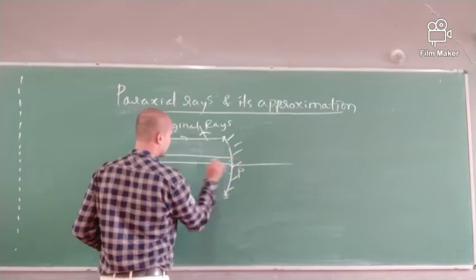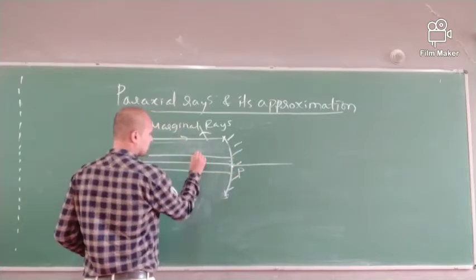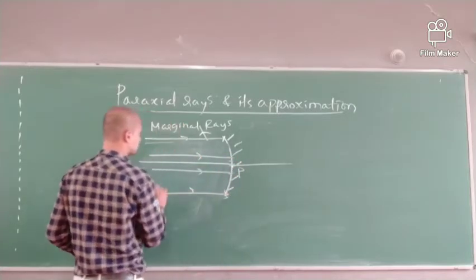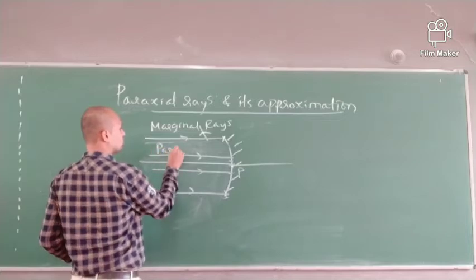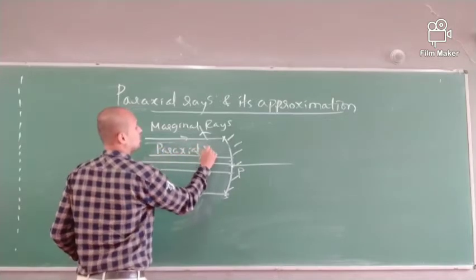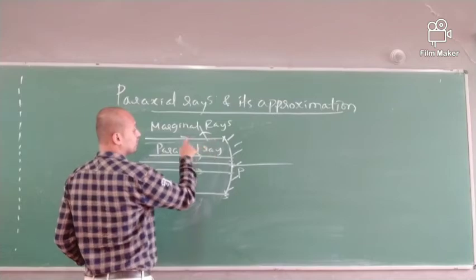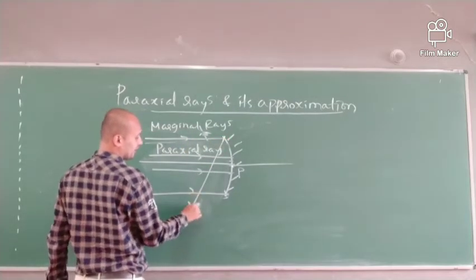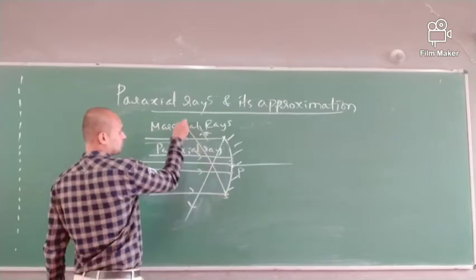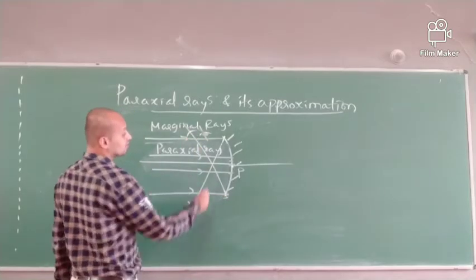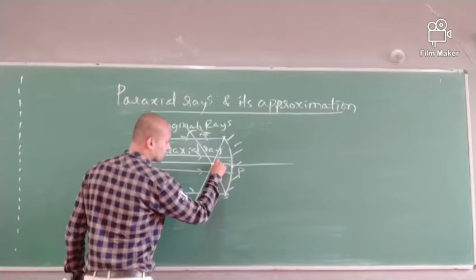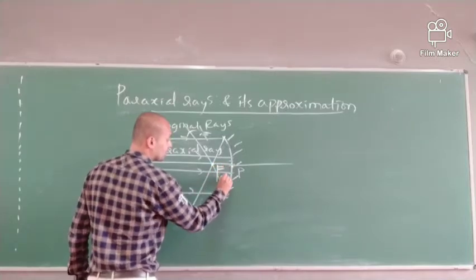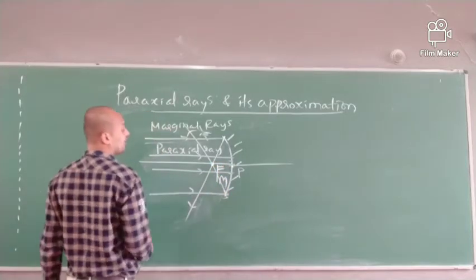This is one ray, this is another ray, and this is another ray at the edges. The rays at the edges, let's say they are meeting at this point. This point I call Fm.